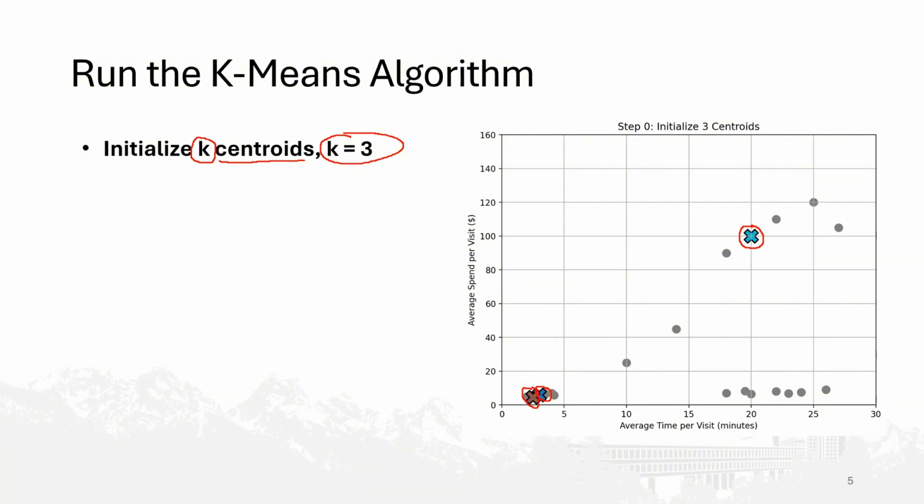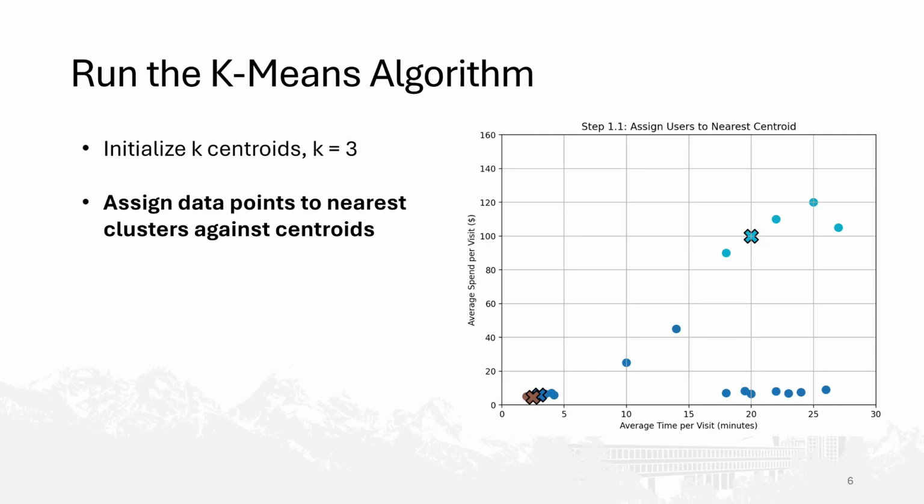So initially, we can randomly place the centroids, and then we will assign the data points to the nearest cluster using the centroid. You can see, for example, for the first centroid of cluster 1, we assign these data points to this cluster because they are closest to the first centroid.